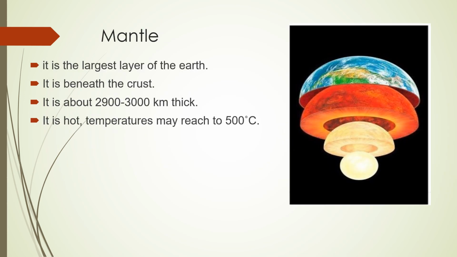The next layer is the mantle. So we want to know what the mantle is all about. You can see now that there is a different illustration about the structure of the earth. It is still the same, just a different illustration. The first characteristic of the mantle is that it is the largest layer of the earth.